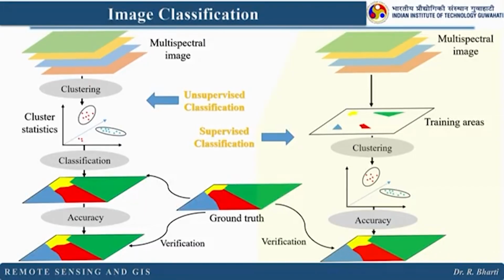If we go for DN value based, this is related to DN values only. Now this slide explains the pixel based classification technique. Here we can see that we have a multispectral image, and then we are using clustering, classification, accuracy, and on the other side we have a multispectral image again, then training areas, clustering, and then accuracy, and finally we will achieve our classified image.